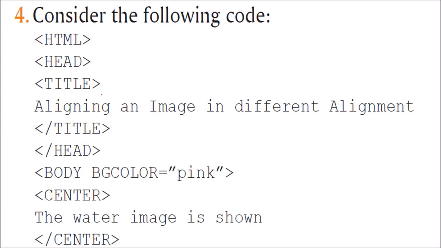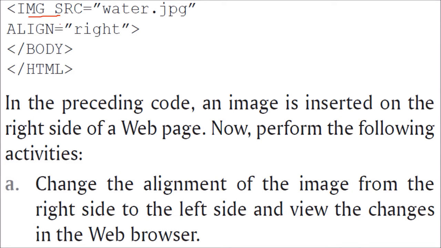Consider this code, where you have a title and an image in different alignments. Body bgcolor equal to pink, center, the water image is shown in the center. Now you have given align equal to right, but you have given center above. So in this code, an image is inserted on the right side of the web page.